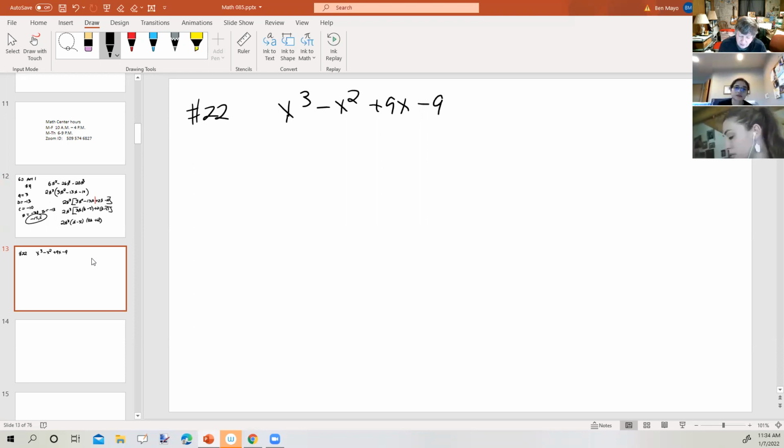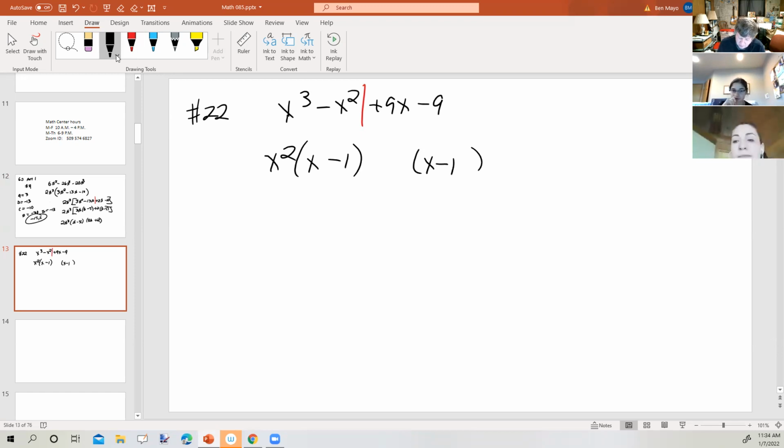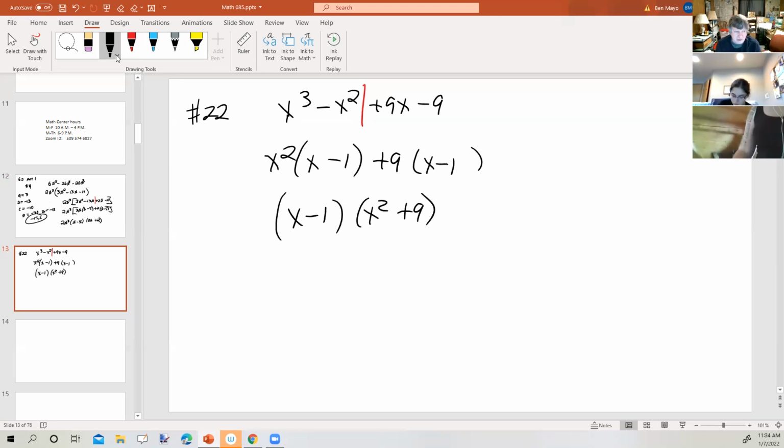There's no greatest common factor to all 4 terms, so we'll just start out by doing the factoring by grouping. The greatest common factor of the first 2 terms is x squared. The leftovers are x minus 1. So for the second group, the leftovers are x minus 1, and we'll take out a plus 9, which gives us x minus 1 times the quantity x squared plus 9.